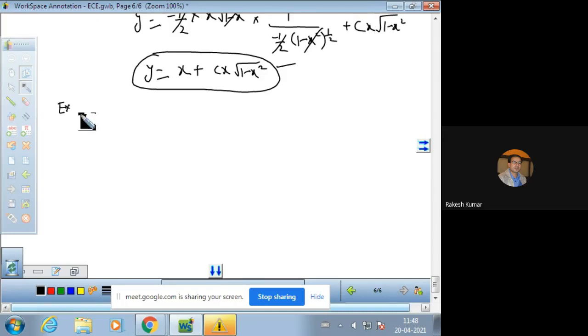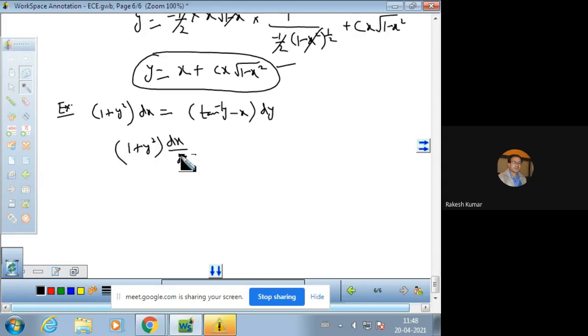So the example is: solve 1 plus y square into dx is equal to tangent of inverse y minus x into dy. This equation can be written 1 plus y square into dx over dy is equal to tangent inverse y minus x.